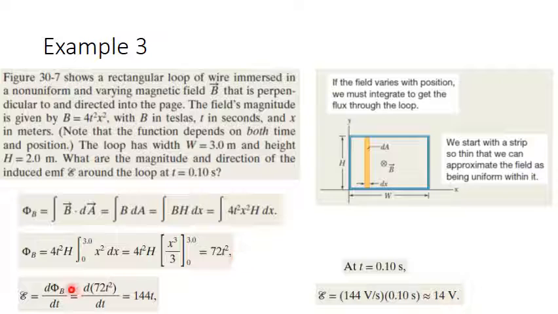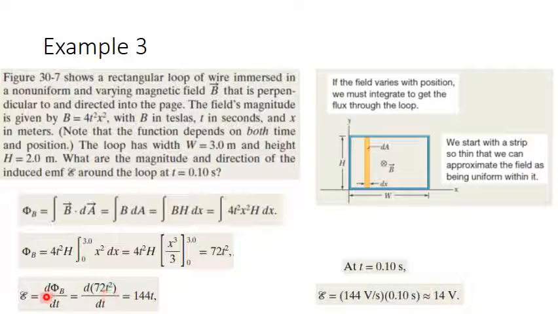Now by differentiating the flux inside the loop with respect to time, we obtain the induced electromotive force. The induced EMF would be d phi B over dt, so it would be d of 72 t squared over dt. 72 is a constant, and the differentiation of t squared is 2t.